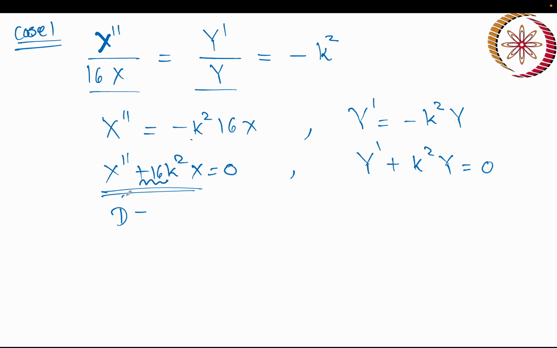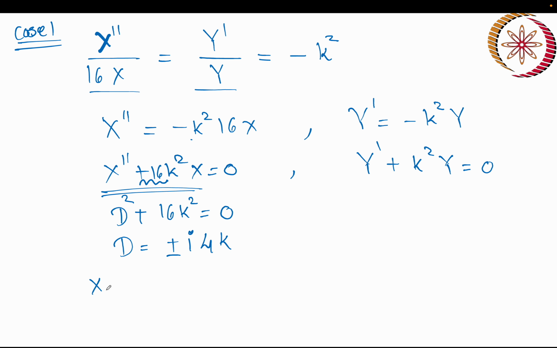It will be D square plus 16k square equal to 0. Instead of D square, if you are interested, you can write lambda square, which is the characteristic equation. Okay, so D is equal to plus minus i 4k.